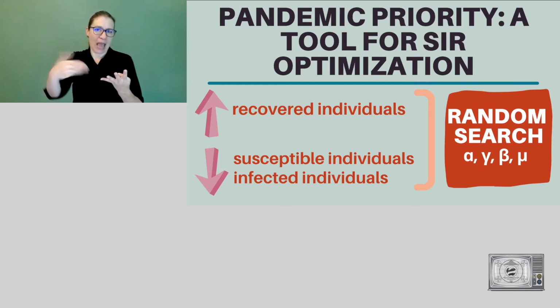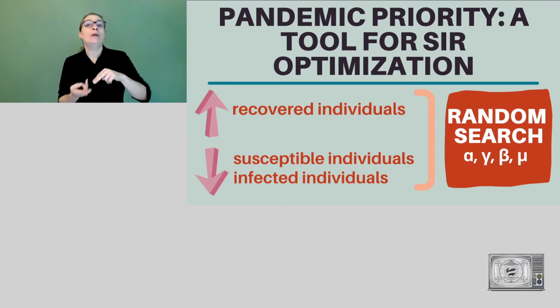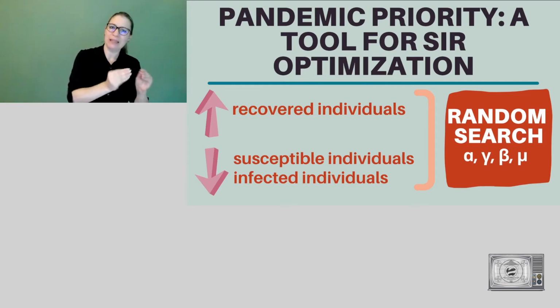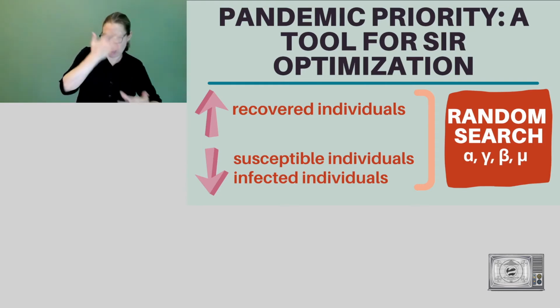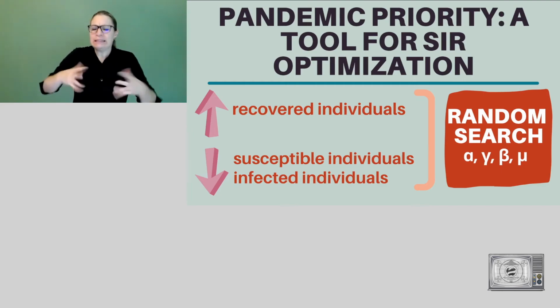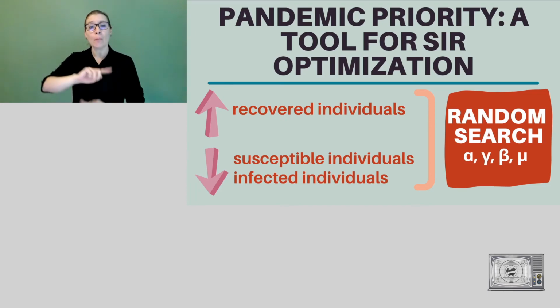These random collections are then applied to the differential equations associated with SIR modeling to increase the number of recovered individuals over time and decrease the number of susceptible and infected individuals. This tool uses Pareto comparison to determine what set of disease rates generates the most optimal SIR model and disease system.